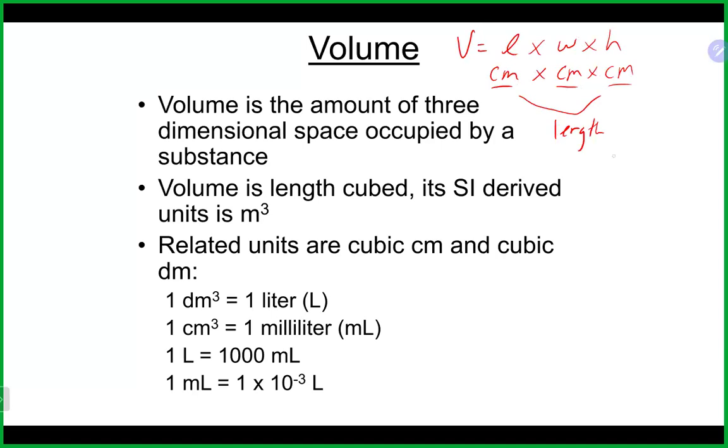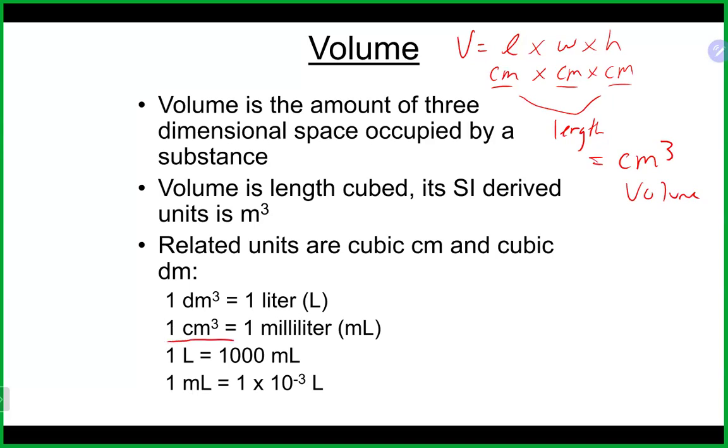But when we multiply them together, we will end up with cubic centimeters, which is a volume. So that's one way you could find the volume of a cube: take 3 length measurements. And whenever you multiply 3 length measurements together, you will get cubic centimeters, a cubic meter, a cubic decimeter. Those are volume readings, not length readings. Each of the individual ones are length.